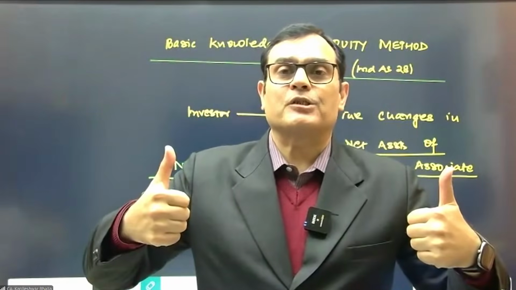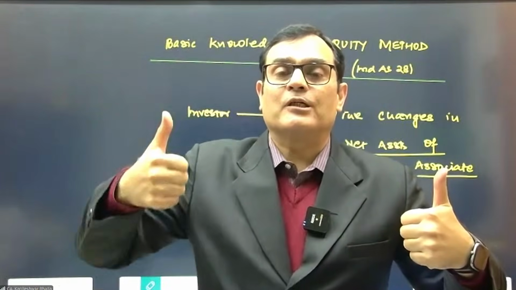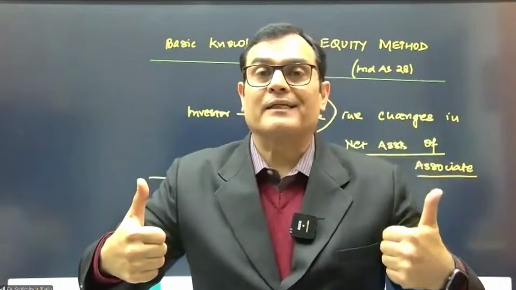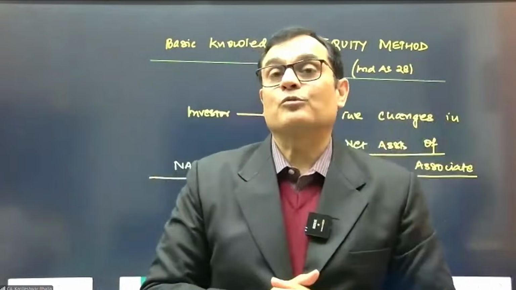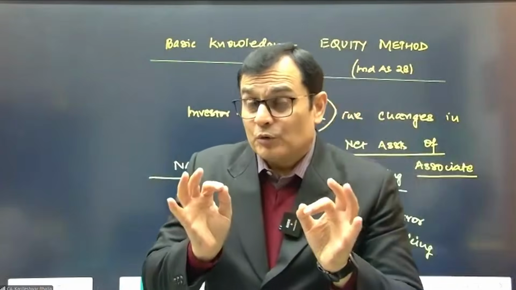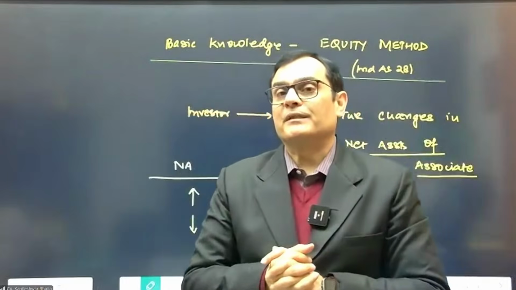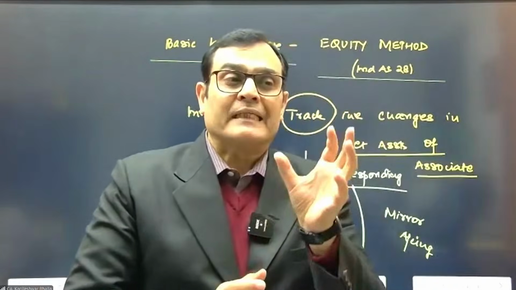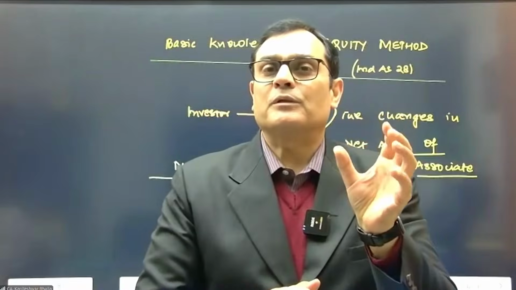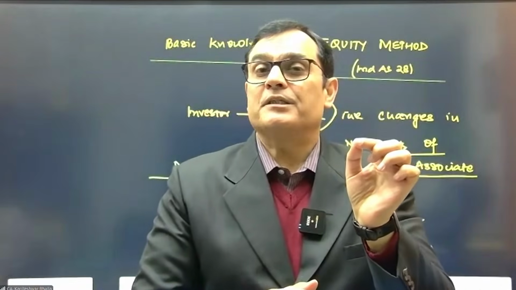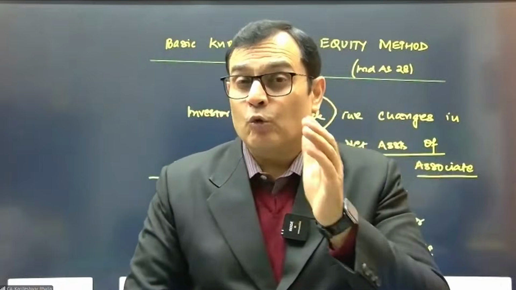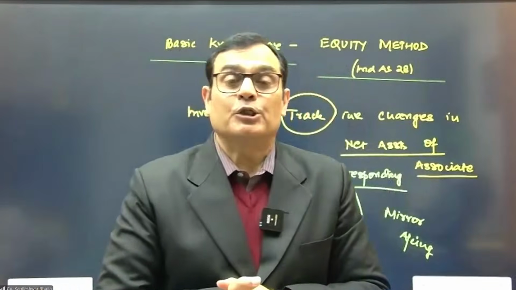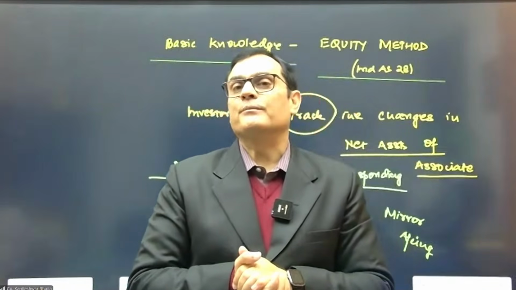When the net assets of the associate go up, if the credit goes to the P&L, the investor will also credit the P&L. If the credit has gone to the OCI, the investor also credits the OCI. So due to the application of the equity method, every time the investor will put an entry, investment debit, and either a P&L credit or an OCI credit. So OCI also gets a credit due to the application of the equity method.